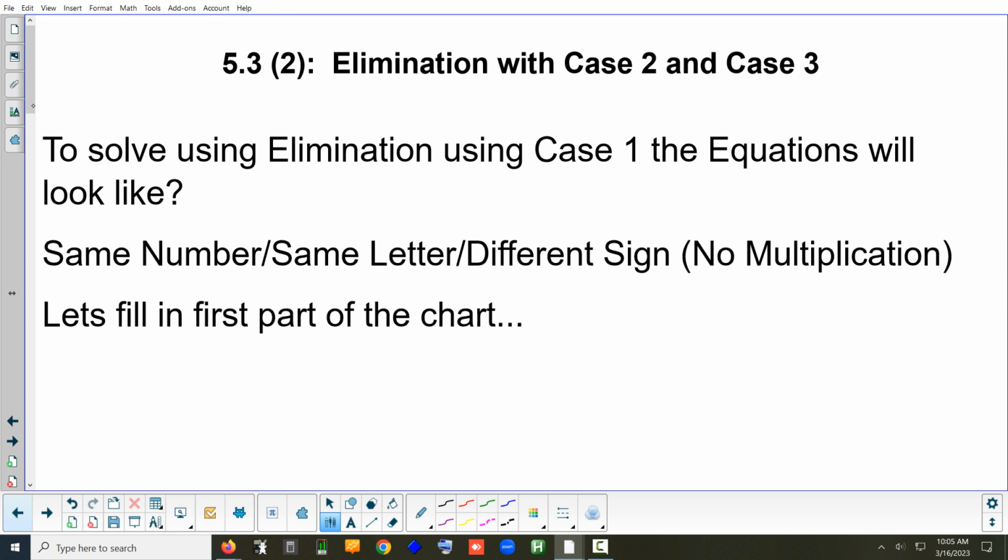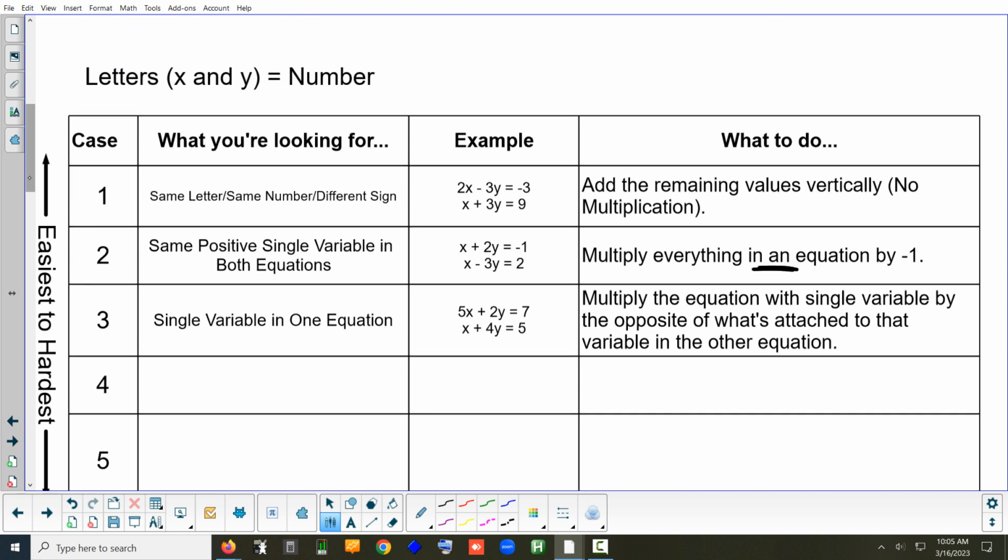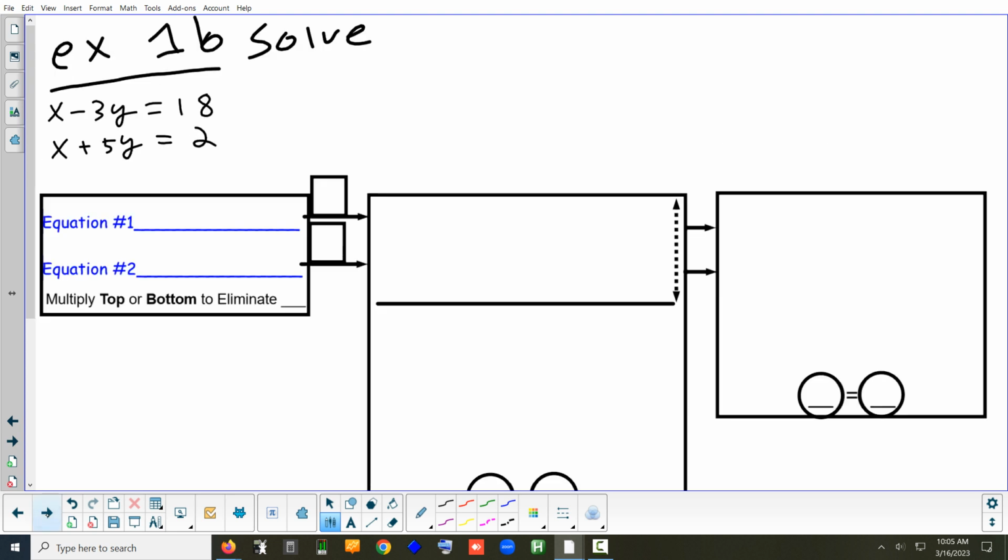But we do have a same positive single variable in both equations. That's like an x and an x, or a y and a y. What variable do we have here that's all by itself and positive in both equations?